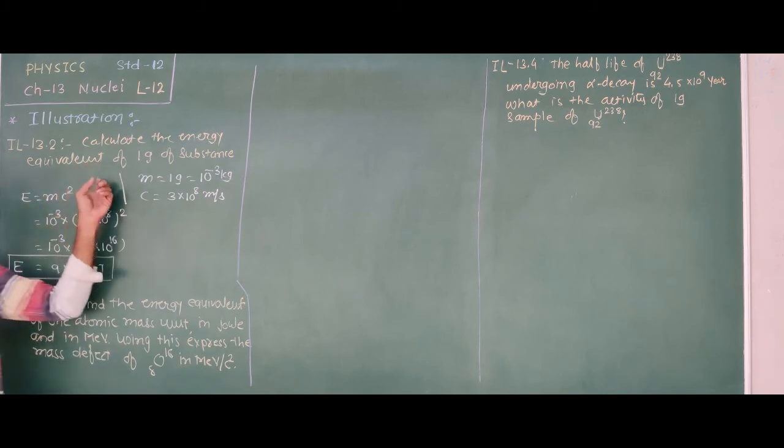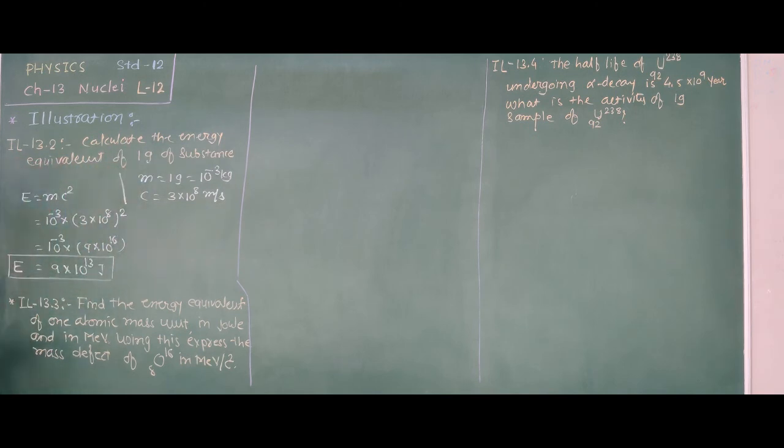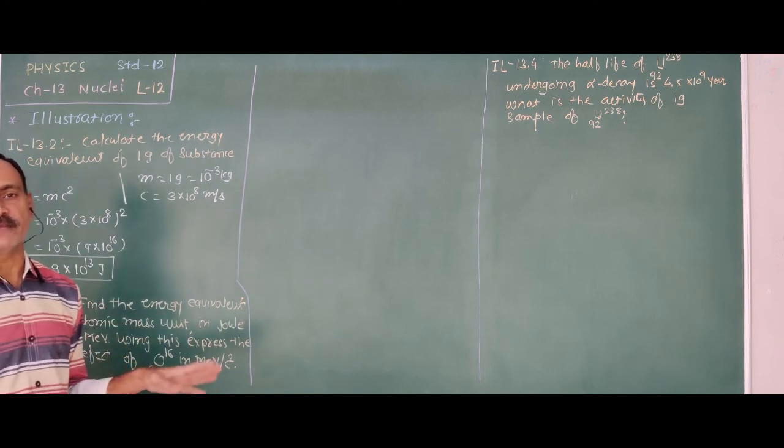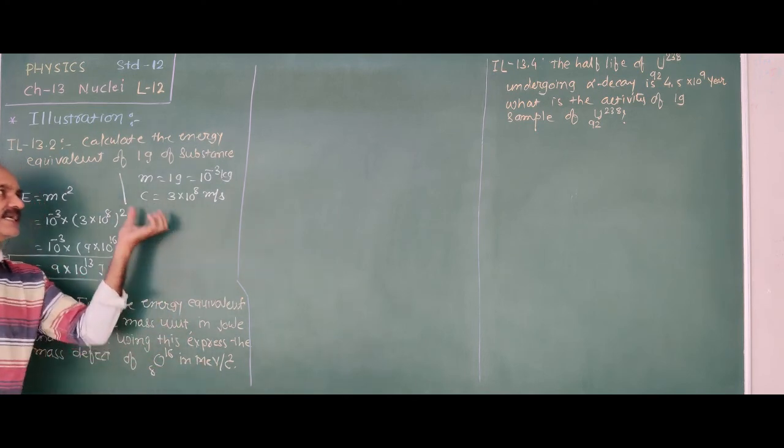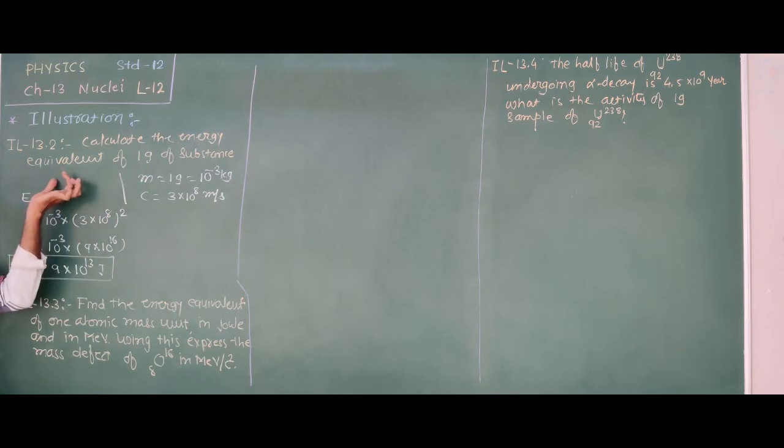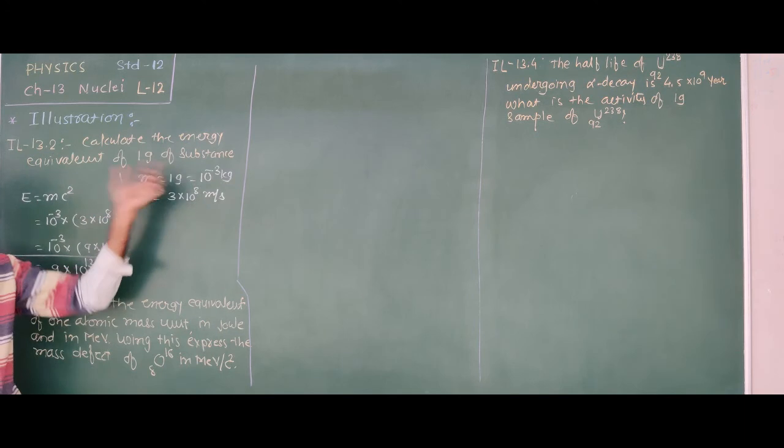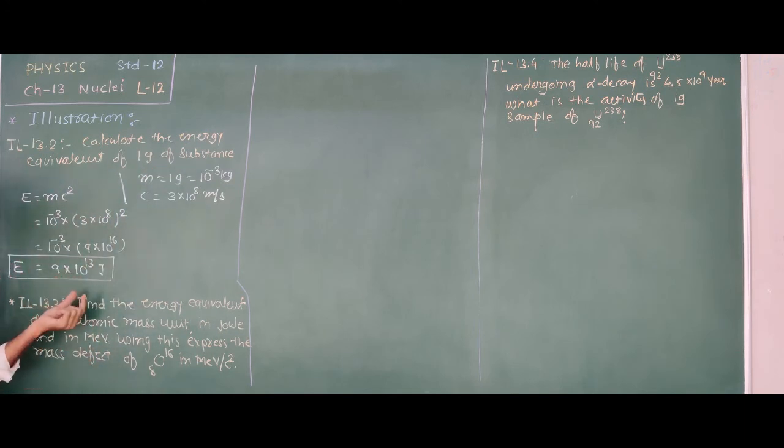Here the question only asks for the energy equivalent of 1 gram of substance; joule or MeV is not mentioned. Suppose the question asks to find the energy in MeV. Then whatever energy we obtain in joule, divide by 1.6 into 10 raised to minus 19.